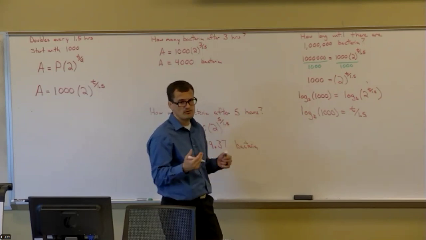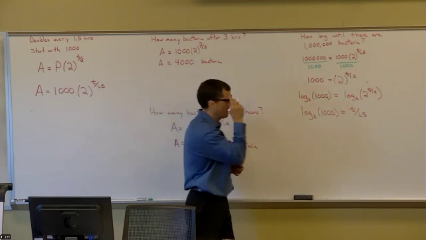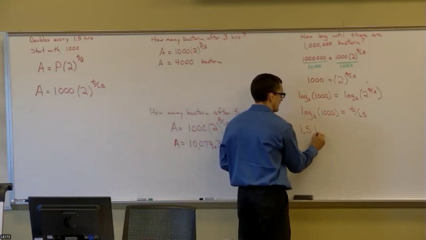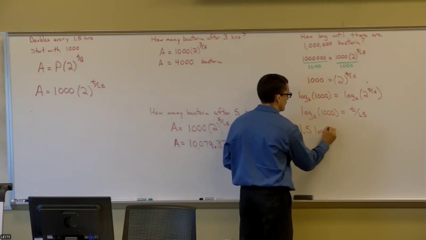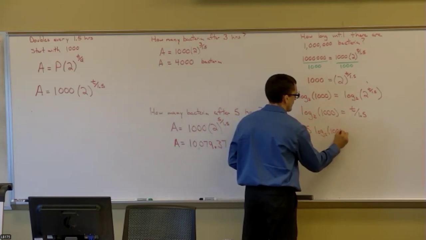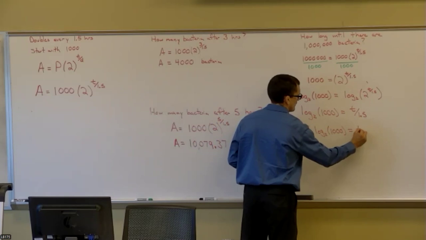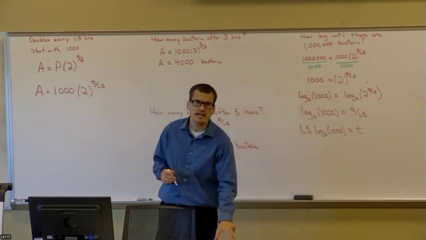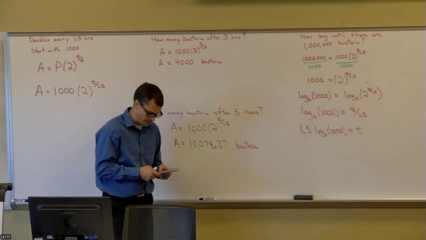Then I multiply both sides by 1.5. So I end up with 1.5 times log base 2 of 1,000 is equal to t. That's something I can type into my calculator.